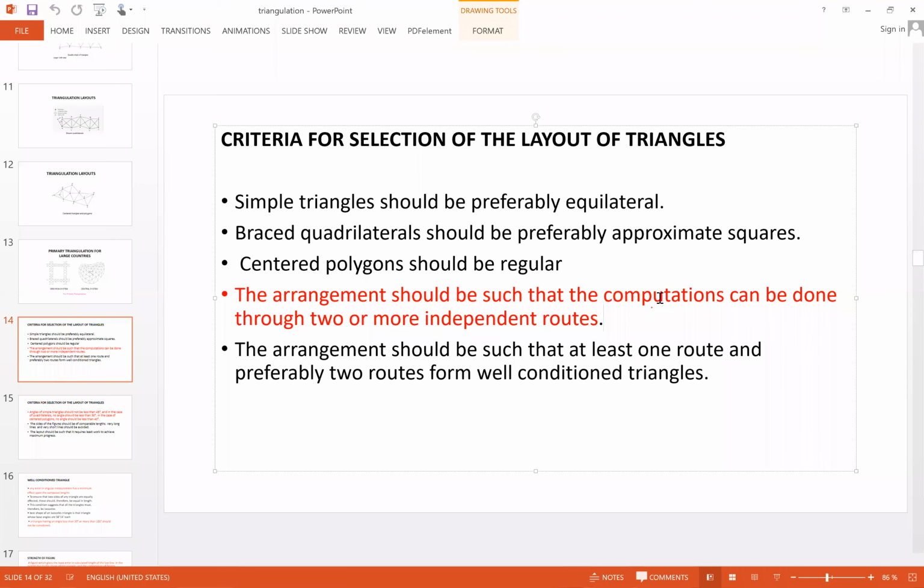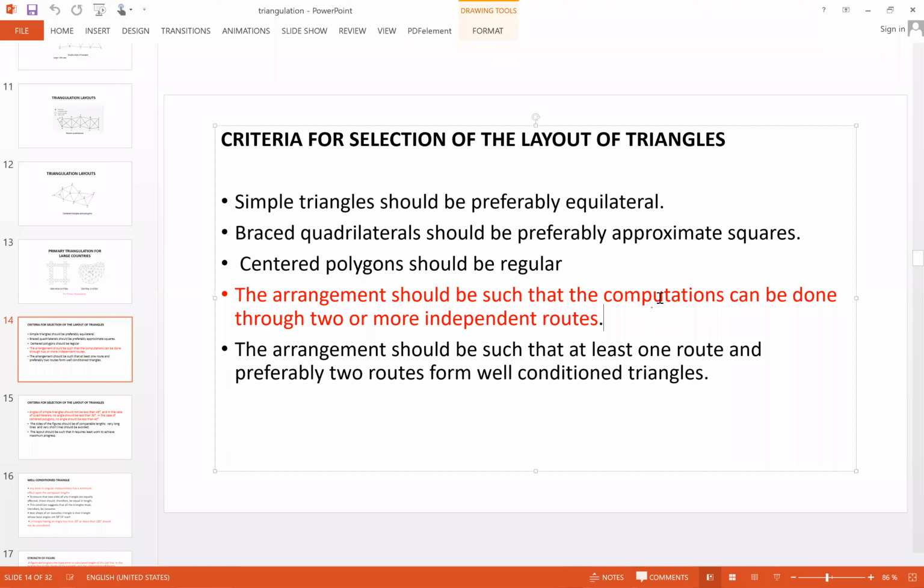Now the basic idea is, whenever you have to divide your system, suppose you have to perform a survey at a certain place using this triangulation technique, you have to divide your area in such a way that you will be able to do the computations through two different routes. We will discuss this at the end.